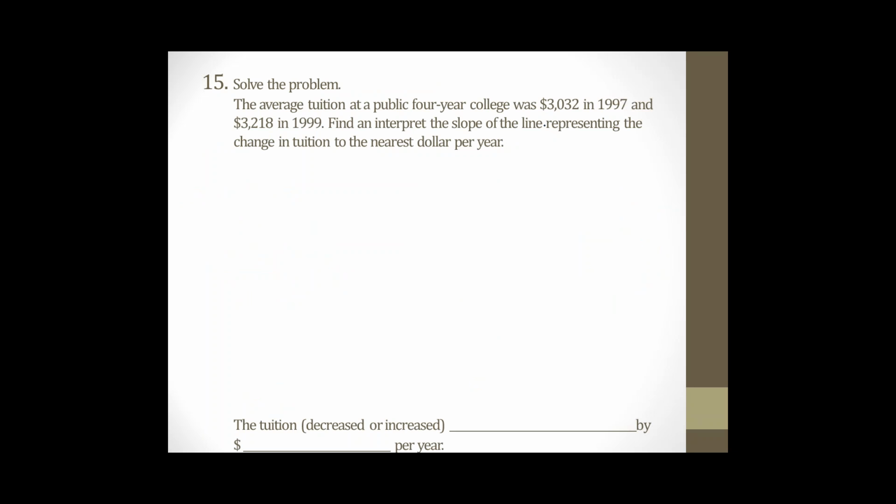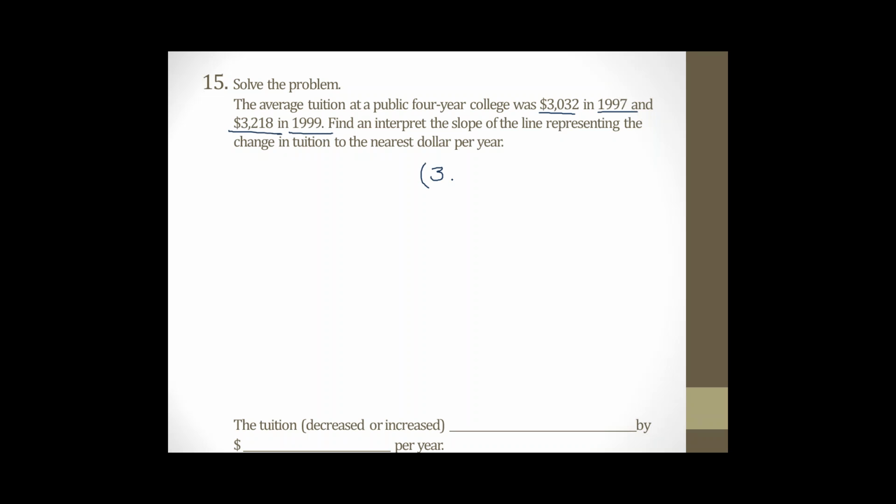So I got 2 values here. I got the amount of tuition and the year, and I got another value, the amount of tuition at a different year. Basically, I have 2 different values at 2 different times, so I can use these as points.